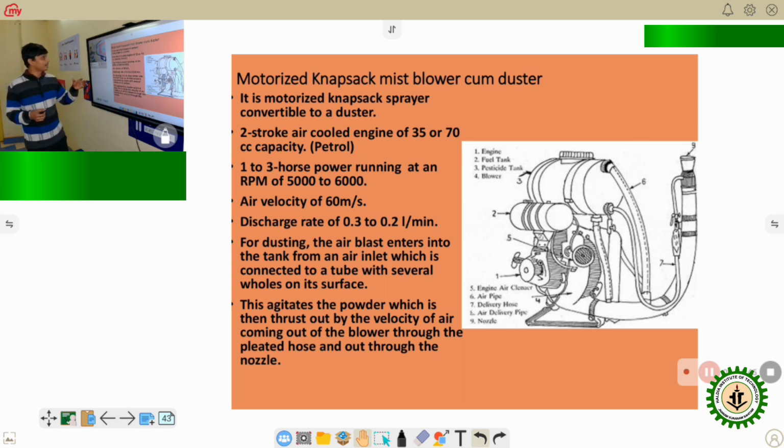It is also called a mist blower type sprayer, and it is petrol operated, with a 35 to 70 cc petrol engine generally used for this type of sprayer, and a 1 to 3 horsepower engine can be used. The RPM is around 5,000 to 6,000, and the air velocity is around 60 meters per second.